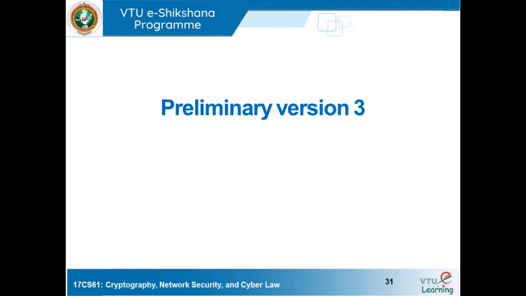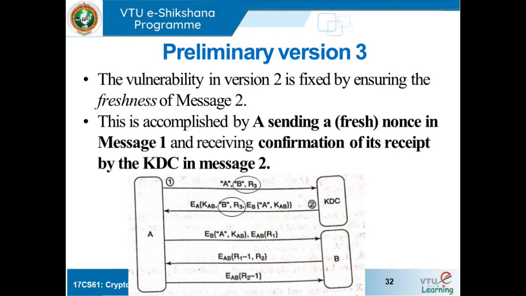It will decrement this nonce and include it in the message. Over here we can see that it is included here. This R1 is received from A and it will decrement and include in the message along with the new challenge that B has generated. Now both of these nonces are encrypted using the session key which B has received from A in message 3.